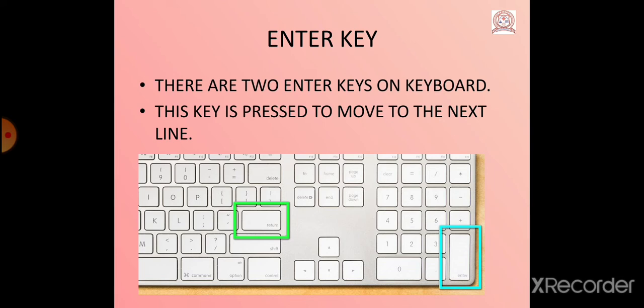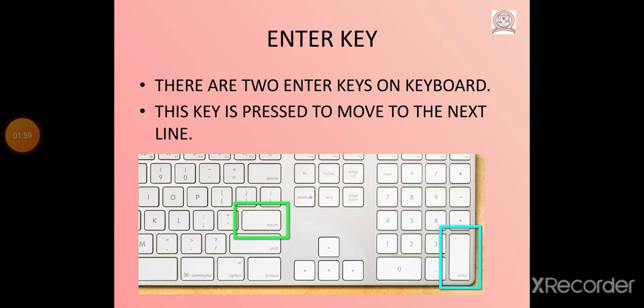In the pictures shown below, both the enter keys are highlighted, one in green color and the other in blue color. On page number 39 of your textbook, on the keyboard given, you have to color both the enter keys in green color and the longest key, spacebar key, in red color. Okay?